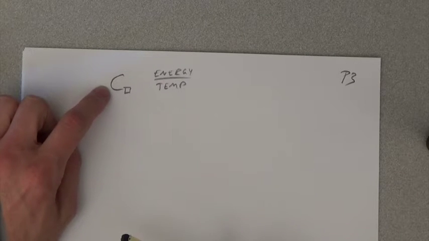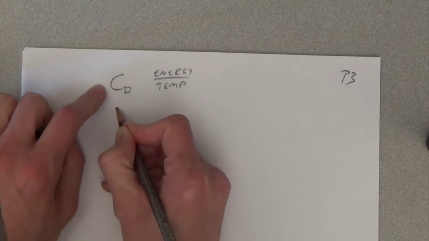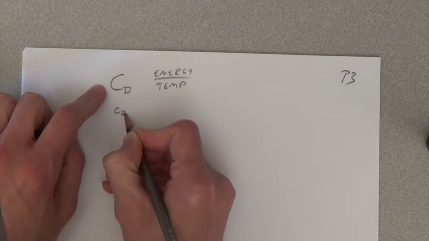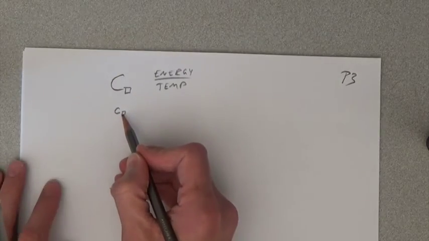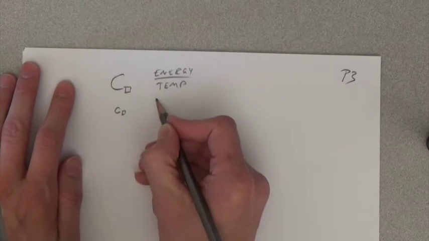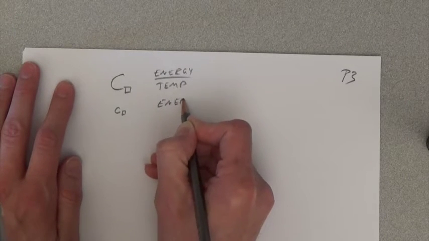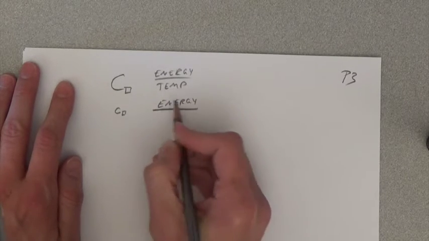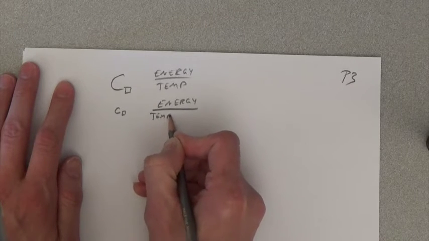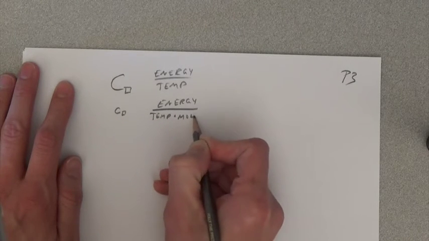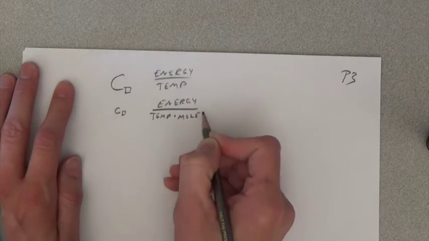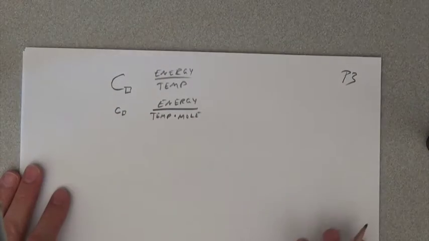In your textbook, they use a capital C to denote heat capacity, and they use a lowercase c, so c sub V or c sub P, to denote molar heat capacity. So that is energy per temperature per mole. So how much material is present.